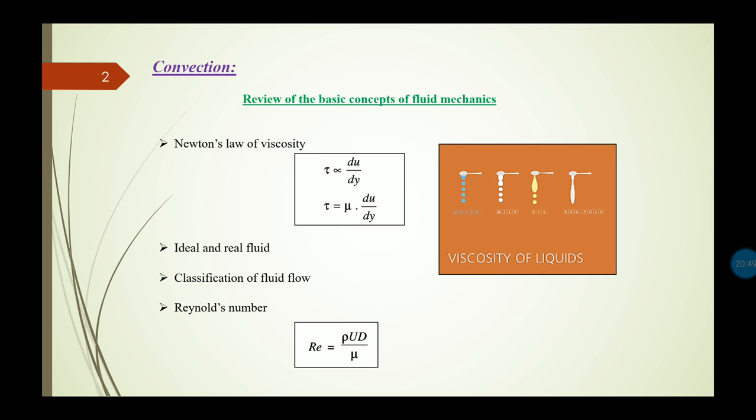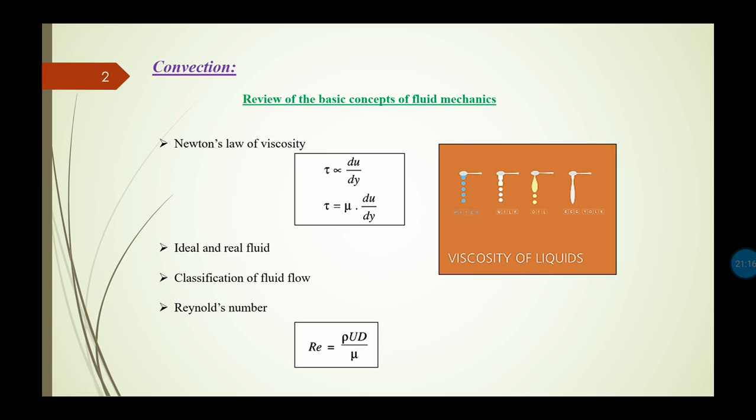In case of incompressible flow, the density of the fluid remains constant when the pressure changes. But in case of compressible flow, the fluid density varies when the pressure changes.